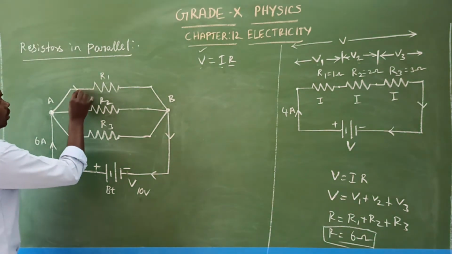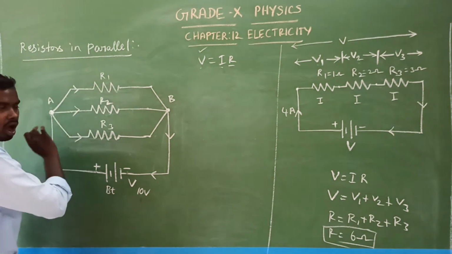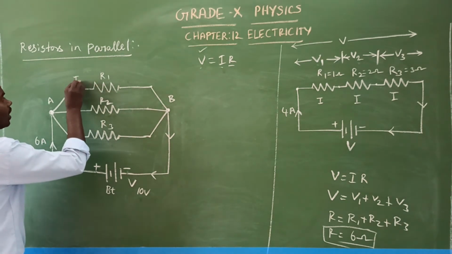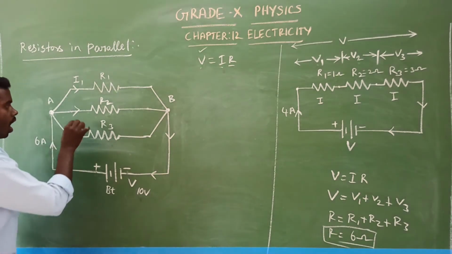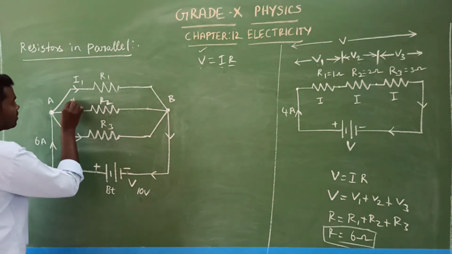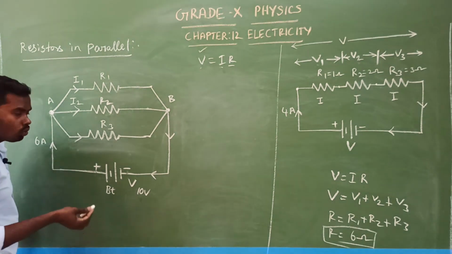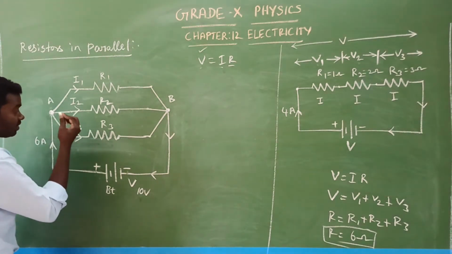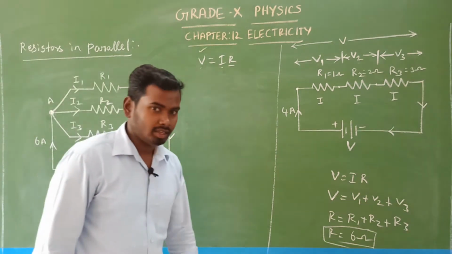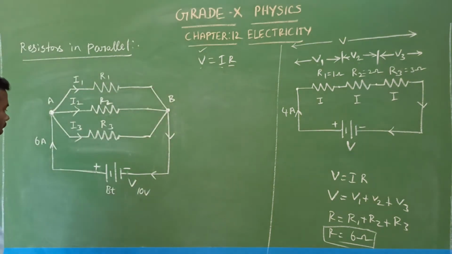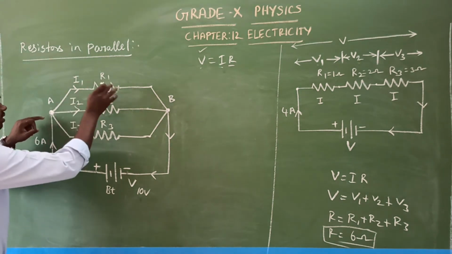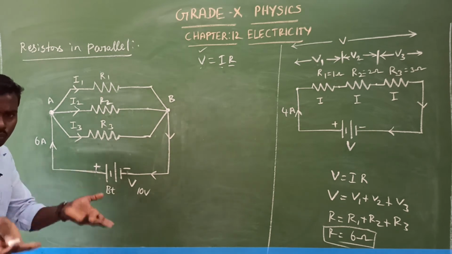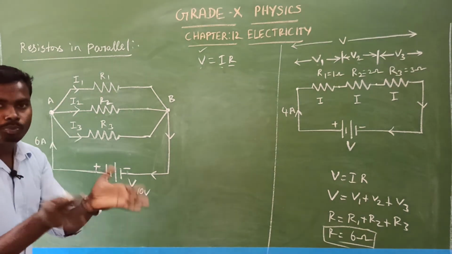Look here. Across the resistor R1, the current gets distributed in the form of I1. Across the resistor R2, the current is I2, and across the resistor R3, the current is I3. Why, sir? Because there are three paths for the current to flow, due to which the current gets distributed.